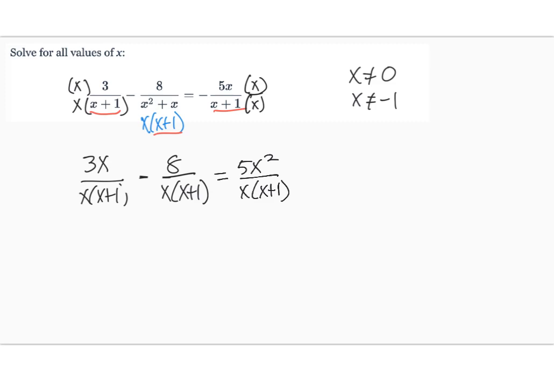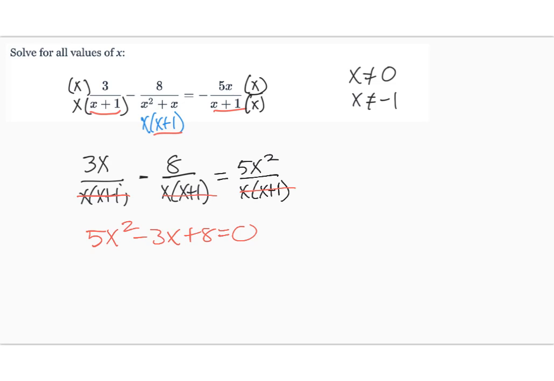Cool. Now that I have all denominators the same, technically what I'm doing is multiplying everything by that denominator. However, we usually just cross all three of those out. I'm going to bring everything to one side and leave us with 5x squared minus 3x plus 8 is equal to 0. This is going to be factorable.